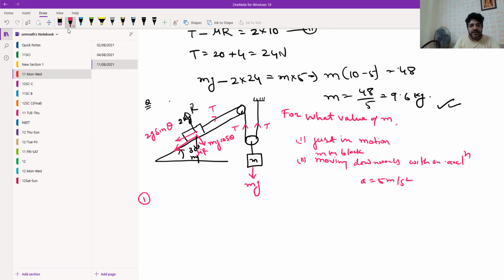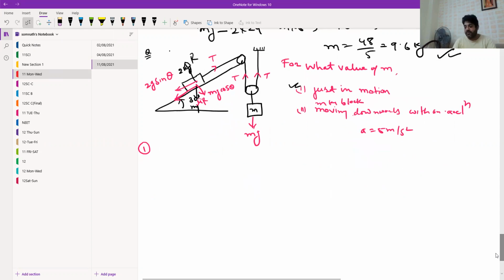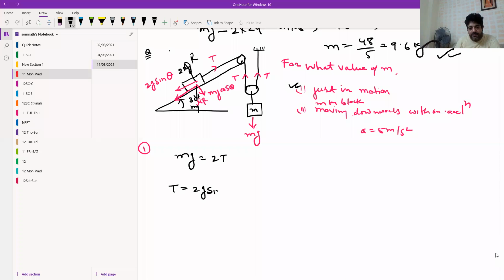So in the first case, just in motion, obviously the downward force balances the upward force. So I can write mg equals 2T, and for the second one, the upward force T equals the downward force 2g sine theta plus mu R, and here my R is mg cos theta, that means 2g cos 30 degrees.